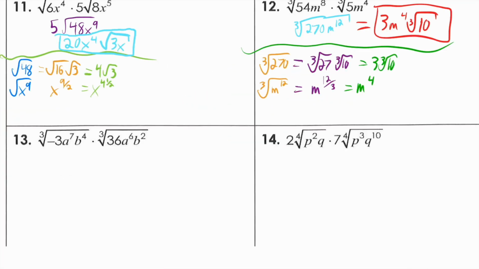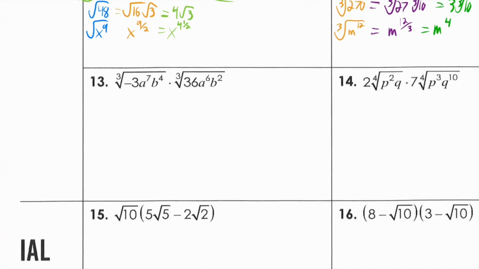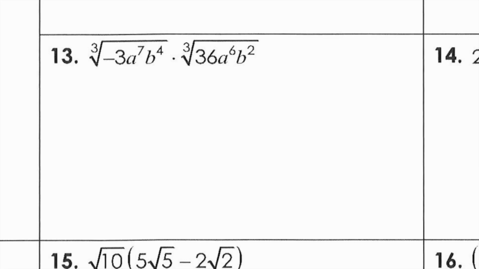Number 13. Once again, no outside, so we just multiply the insides, and we get the cube root of negative 108, a to the 13th, b to the 6th. I'm going to do part by part.